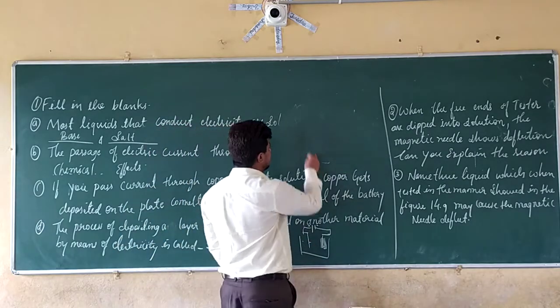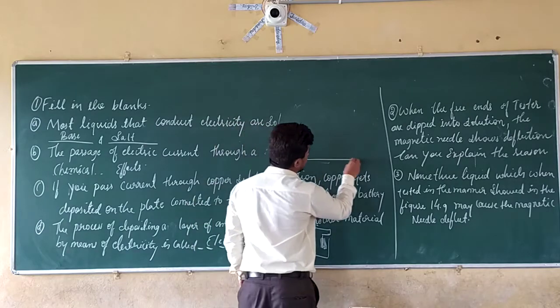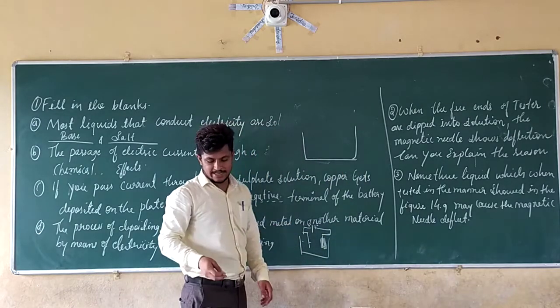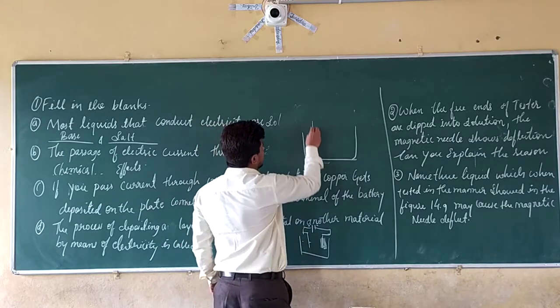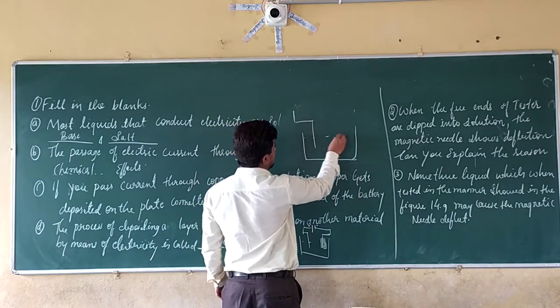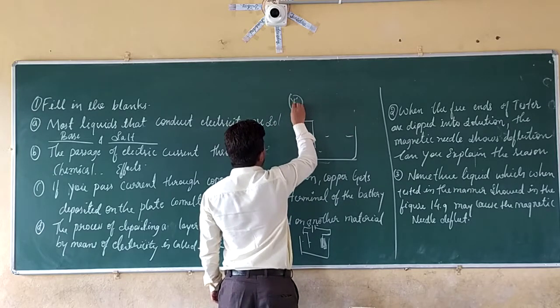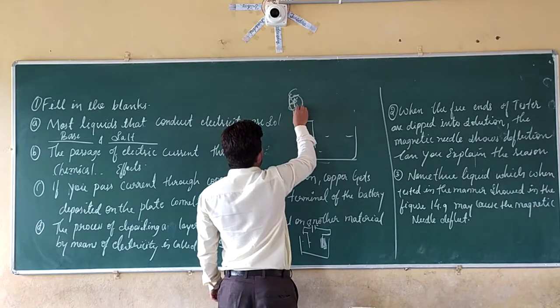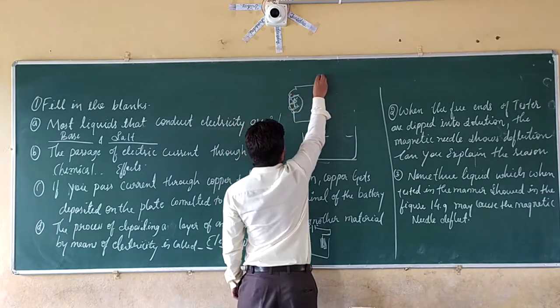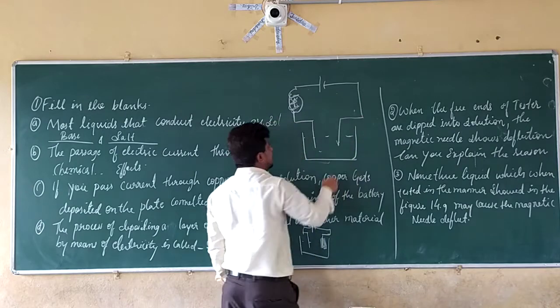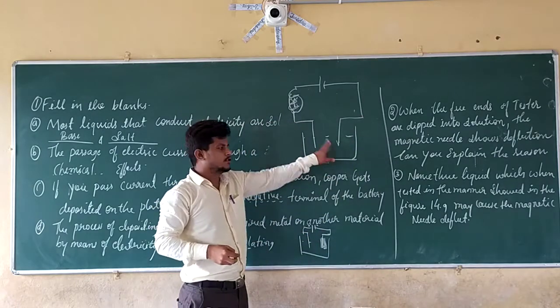If you check here, this is the container for the solution which is given in your textbook. One of the free ends is dipped in the solution, and here a magnetic tester with a needle, insulated with copper wire, is connected to a battery having a plus and minus, and the other end is dipped in a solution.